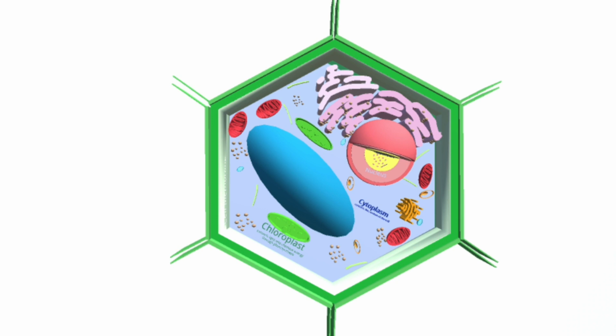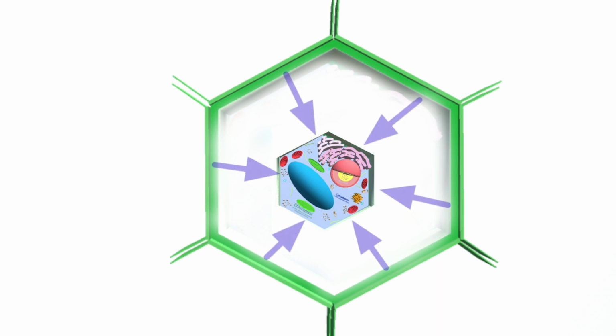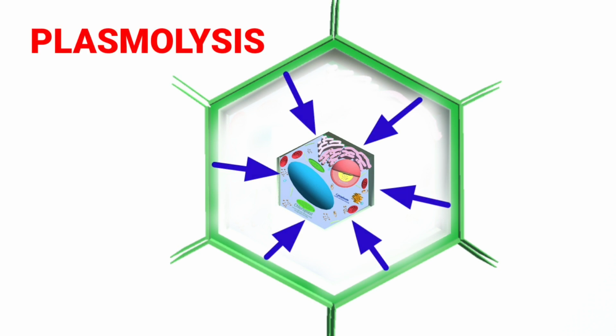And also there is another process. When a plant cell loses water through osmosis or some other processes, the contraction or shrinkage of the contents of the cell will happen, but the cell wall remains the same. The shrinkage of the contents of the plant cell is only away from the cell wall. That process is called plasmolysis.